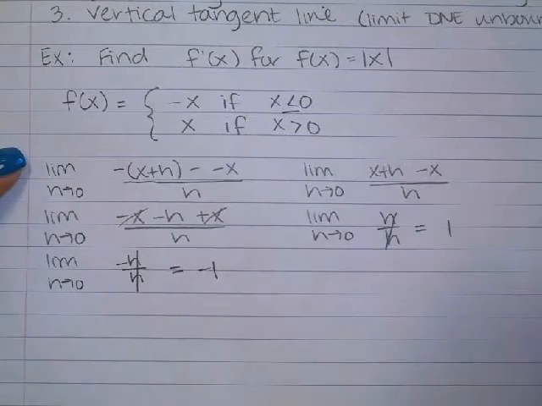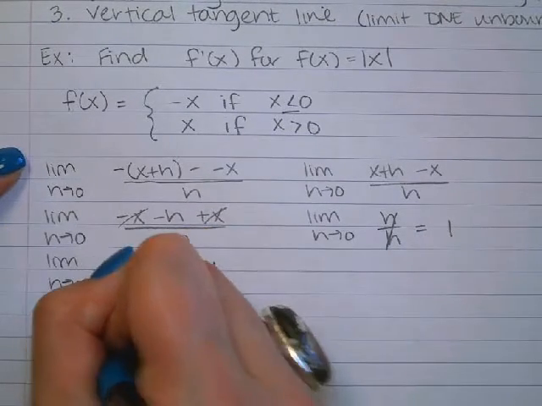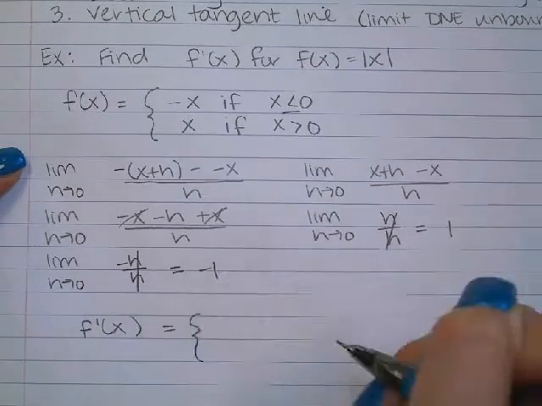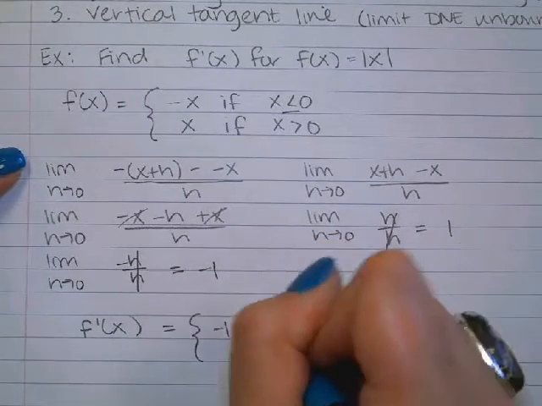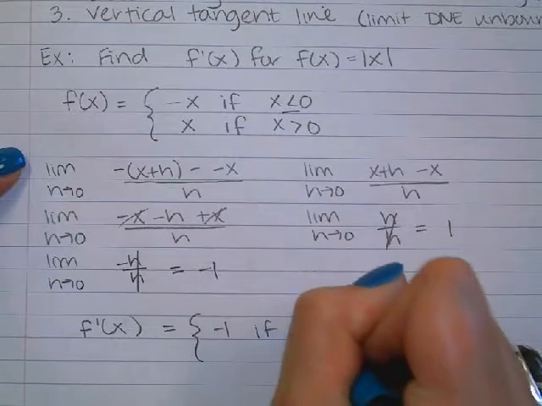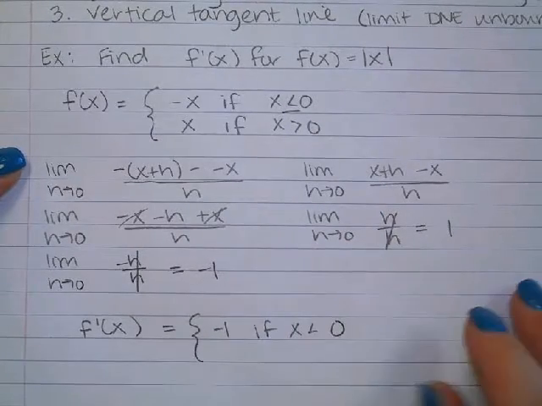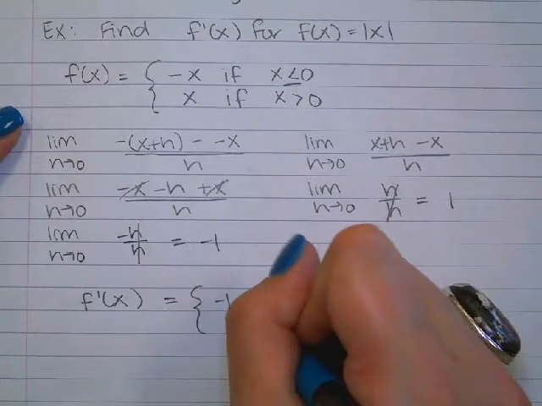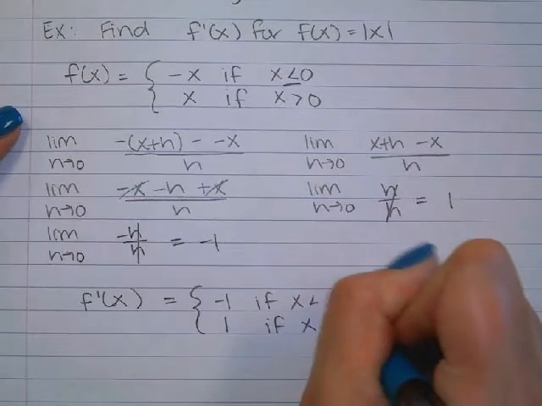Okay, so I'm going to say f prime of x equals -1 if x is less than, I'm going to say less than 0. You'll see why in a second. +1 if x is greater than 0.